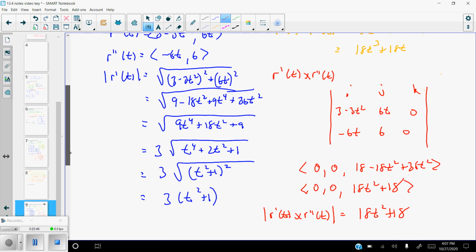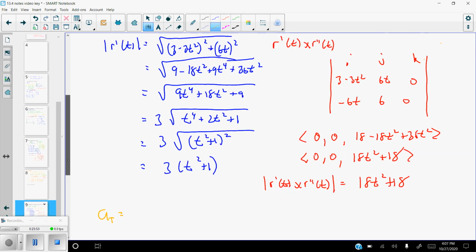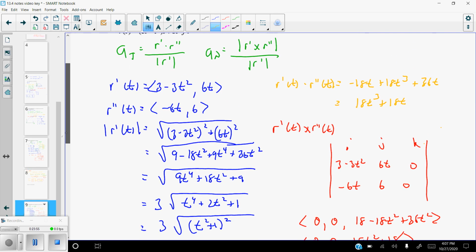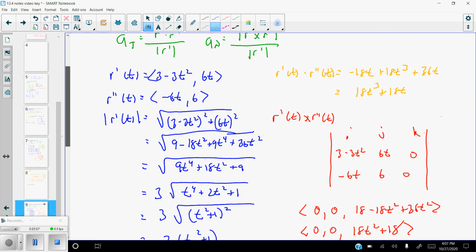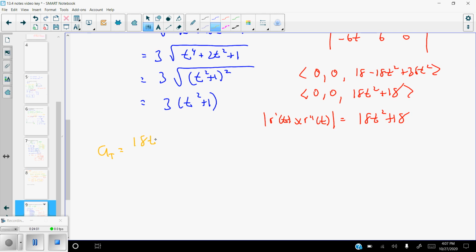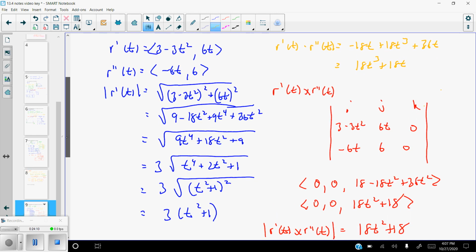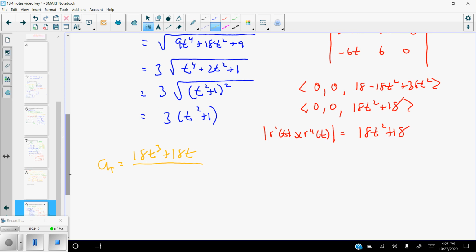So let's see, the tangential component was the dot product, which we found to be 18t cubed plus 18t, divided by the magnitude of r prime, which we found, oh, that's way down here, to be 3 times t squared plus 1.